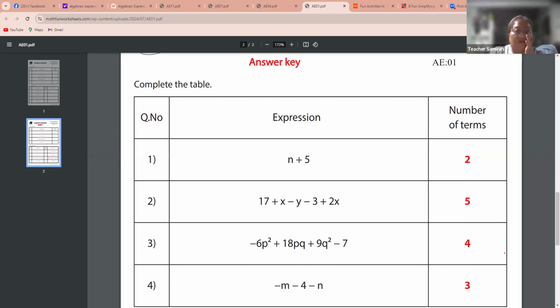Earlier, I did not understand, Miss. You still do not understand? Now I understand. You understand it now? So what is your score? Were you able to get the correct answer for this one? Not yet? Okay.